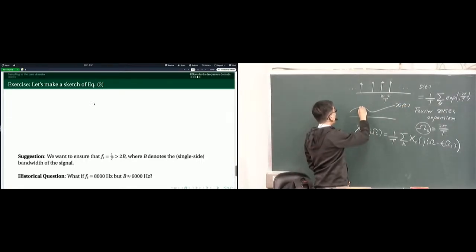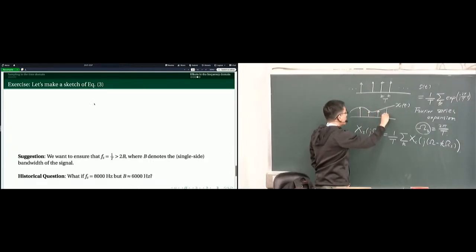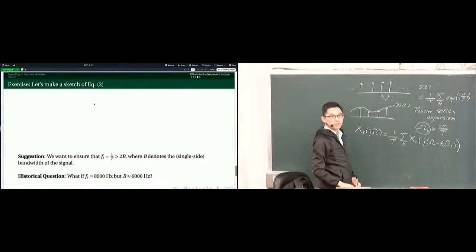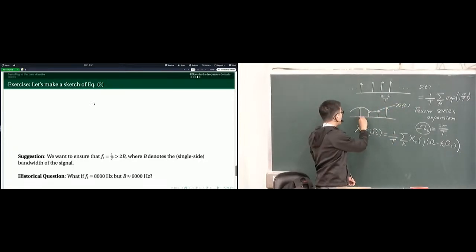So this is our signal, and when we multiply the signal with S, we still get a series of spikes with their height modulated by the amplitude of our signal. We call this X sub s, after sampling.